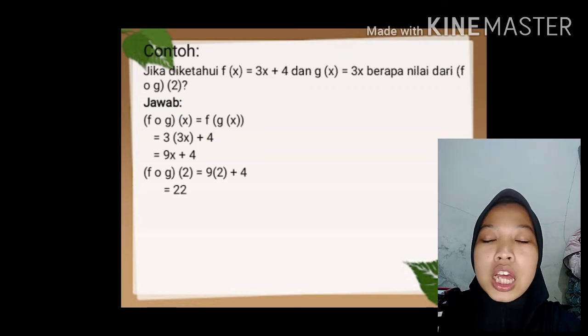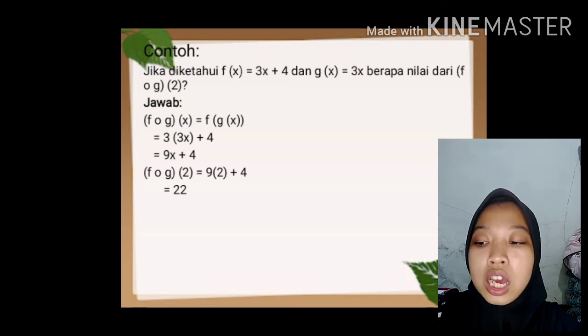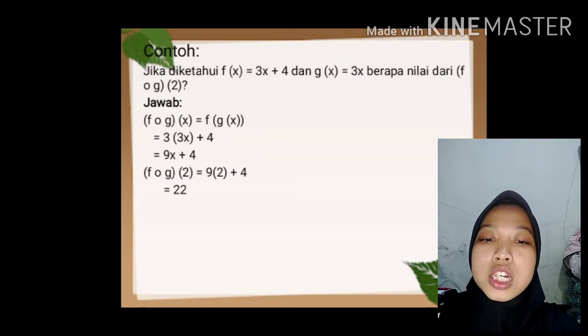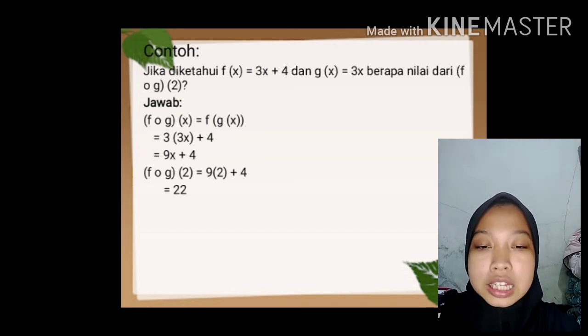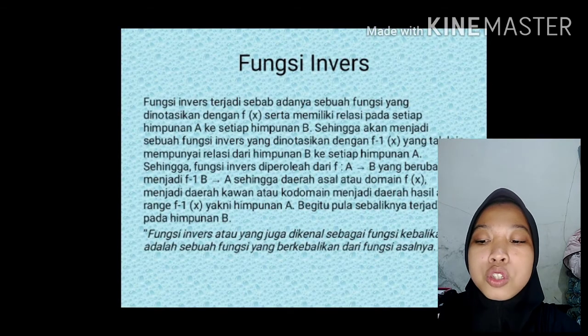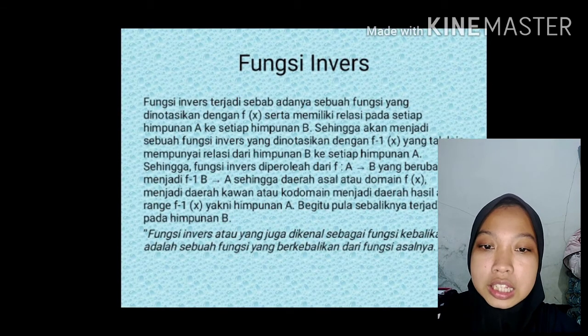Nah, the answer is: f composition g of x is f(g(x)), which is 3 times 3x plus 4, which is 9x plus 4. F composition g when x is 2 is 9 times 2 plus 4, which is 22.